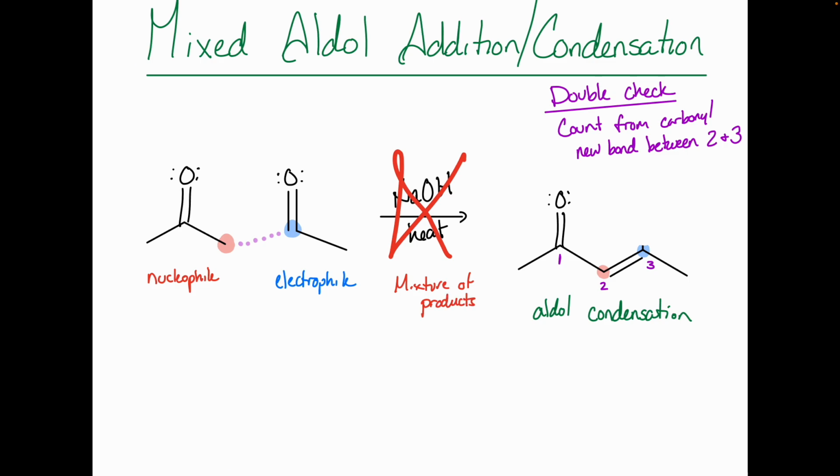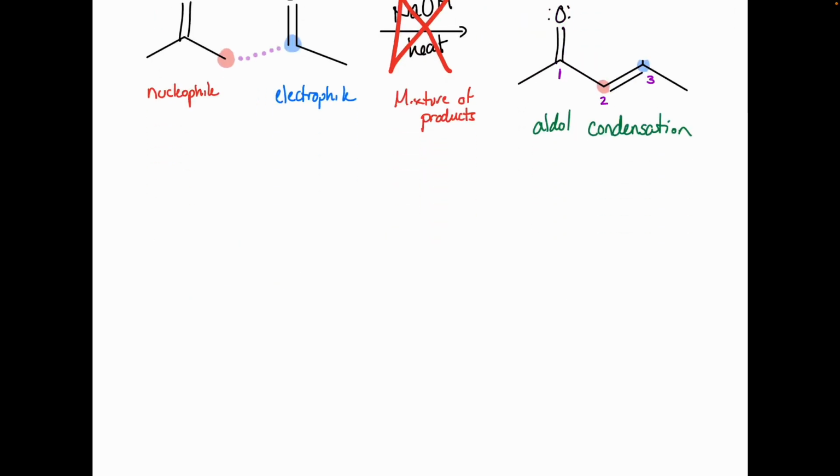But don't worry, we got a solution here, all right? What we're going to do is take our nucleophile, or what we want to be our nucleophile, and the first thing we're going to do is treat it with what's called LDA.